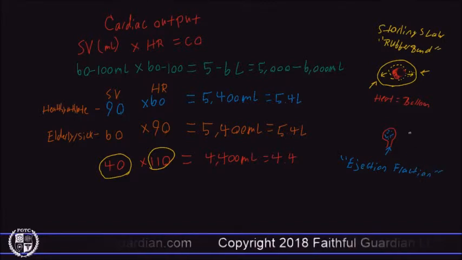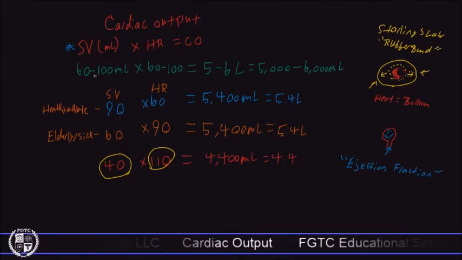Every time your heart contracts, it sends out blood, and that is your stroke volume, which is about 60 to 100 milliliters. Now your heart may be able to hold, let's say, 125 or 130 milliliters, depending on how big and how healthy your heart is.